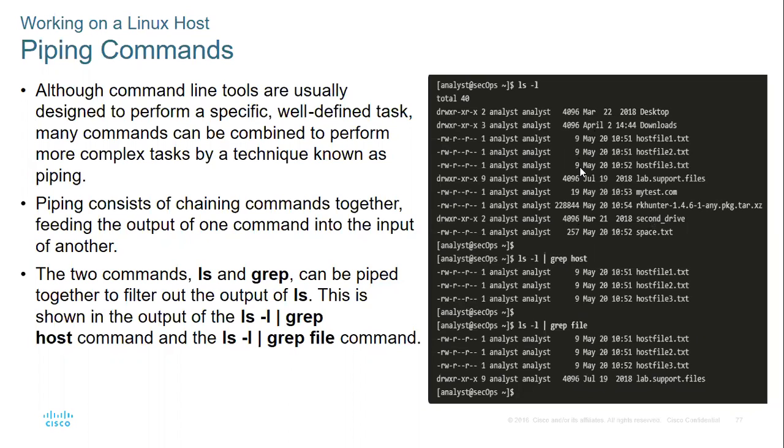These have been listed, so you can list and then you pipe. The output from here will be the input for this second command. Once you say grep host, all this will be the input for this command and the output will be generated.